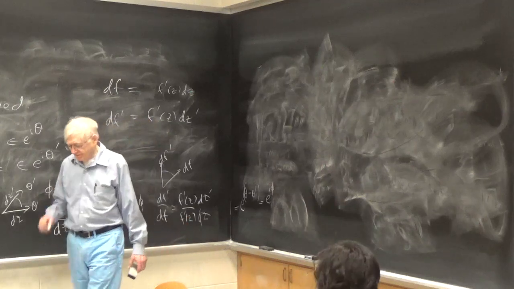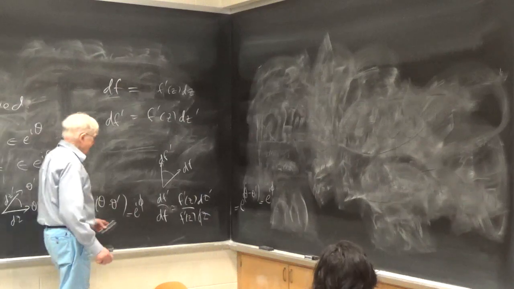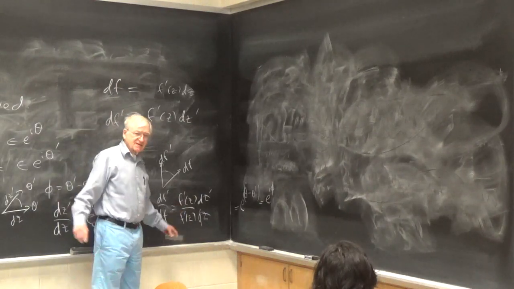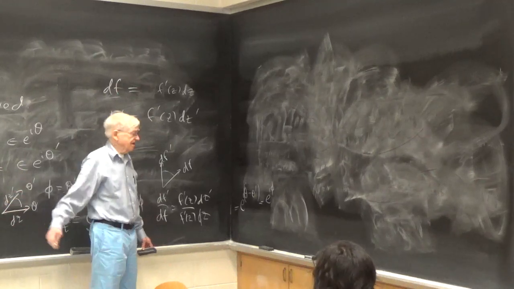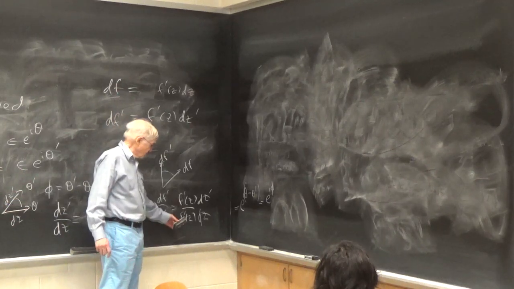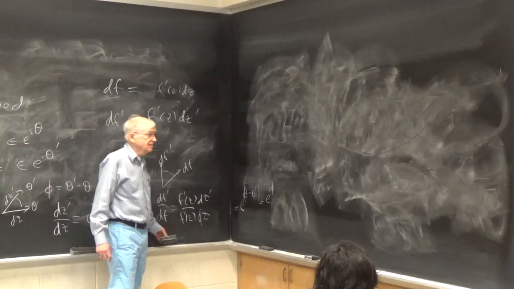Now, there's one caveat here: if f prime happens to be 0. I said previously f equal to 0 was a problem; it's when f prime of z is 0. Because if f prime of z is 0, then these formulas aren't right.